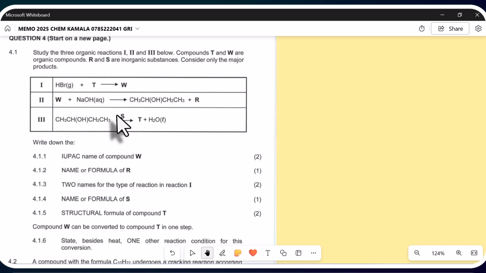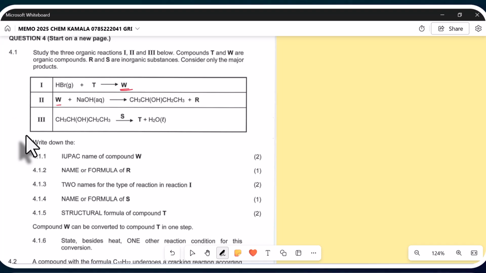And because reaction 3 is a substitution giving the alcohol, that bromo must be on carbon number 2. So I'm going to say it is 2-bromobutane. Why do we say butane? Because you have 4 carbon atoms in reaction number 2.